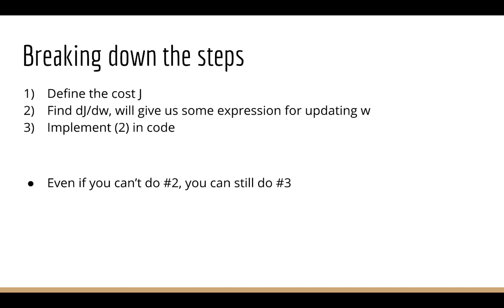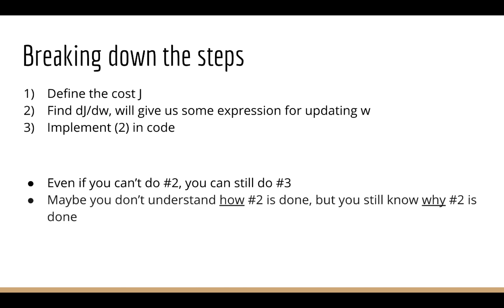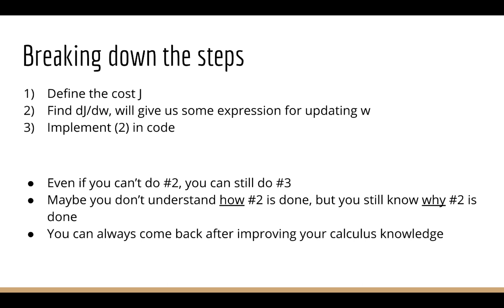That means maybe you don't understand how number 2 is being done, but you still understand why number 2 is being done. That's good enough temporarily. In the future, you can always come back after you've improved your calculus knowledge. That's totally fine. But don't just give up just because you got stuck on step number 2. That is not fine. Just because you don't understand the mechanics of number 2, that should not stop you from doing number 3.